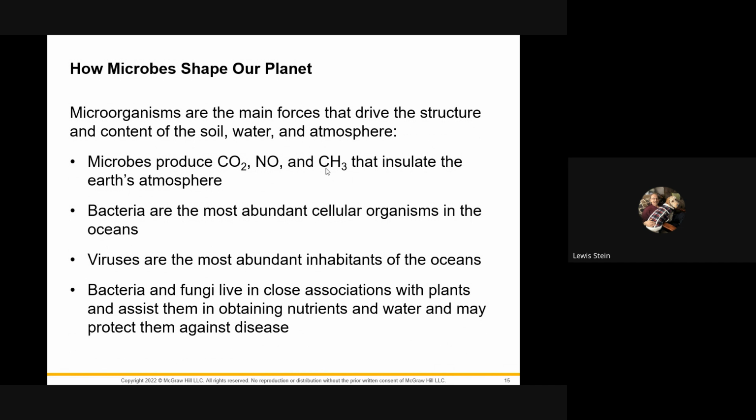Nitrogen is the same idea. Nitrogen gas is 80% of our atmosphere, about 80 to 20, nitrogen and oxygen, with some other materials in there. Bacteria take the nitrogen out of the atmosphere and fix it. It isn't fix in a sense of repair.